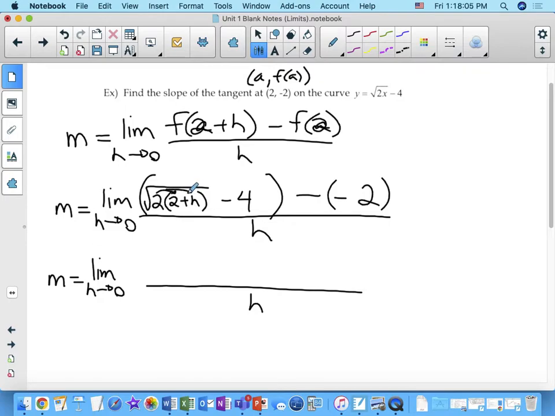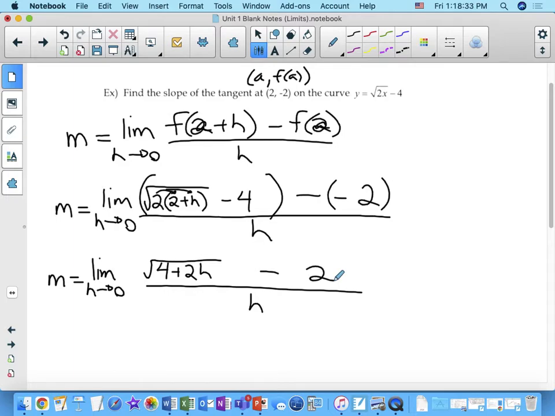So 4 plus 2h. That's okay? I actually don't even know if I need to do that. We'll see. And then I've got minus 4, and this is going to become plus 2. So minus 4 plus 2 is minus 2, sorry. Okay, there we go.